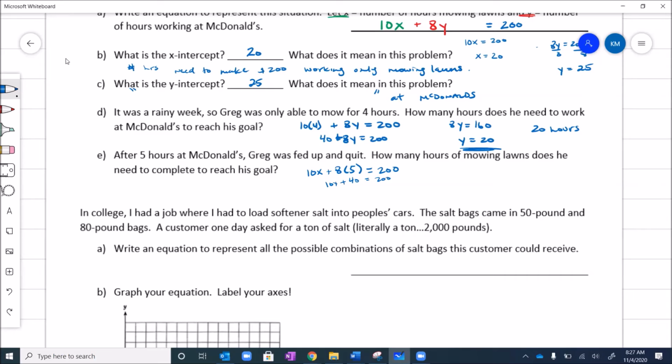So we got 10x equals 160, subtracting 40 from both sides. And so divide by 10, x equals 16. So he'd need to cut grass for 16 hours in order to make the money, $200 for spending money.